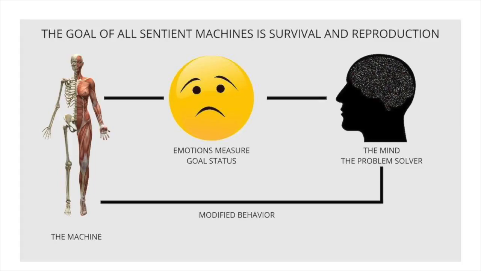Those little vacuum cleaner robots or floor cleaner robots that can scuttle around and clean the floor maybe have a goal of cleaning the floor with least battery usage, something like that. Well, our goal is to survive and reproduce. You may feel that there's more to your life than that, and maybe there is, but generally speaking, those are the dominant drivers, the dominant goals that we have as human beings.